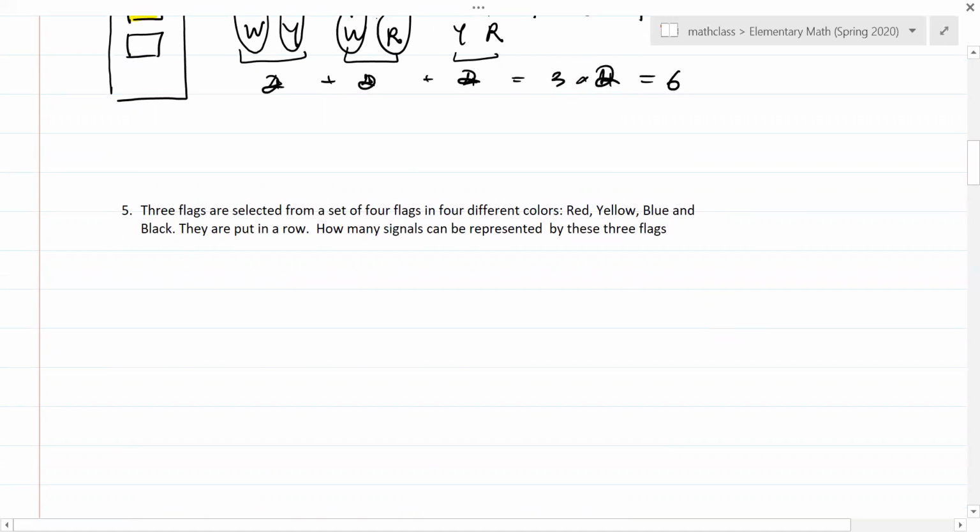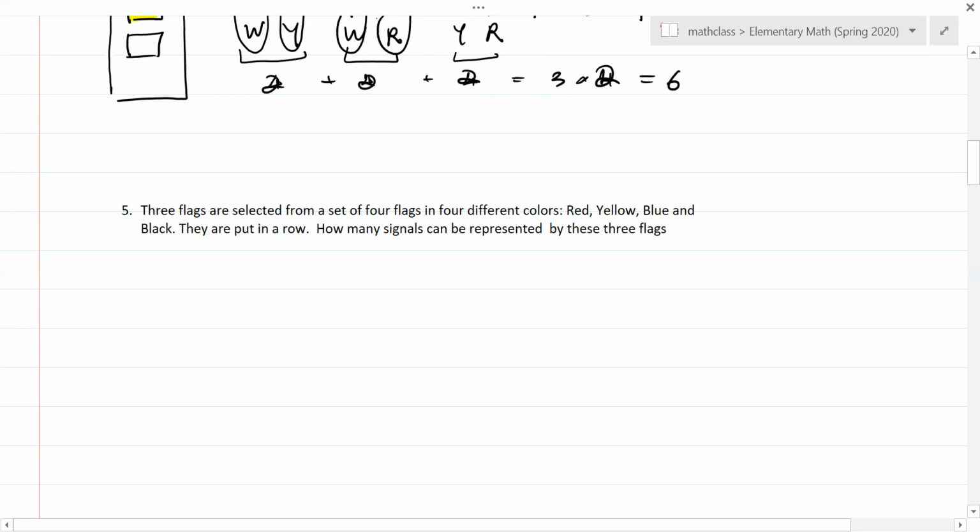How many different signals can be represented by those 3 flags? Okay. This is a little bit easy. If I only select 2 flags out of 4, it's more complicated. We have to find some formulas. But if I just eliminate 1 flag each time to get 3 flags, it'll be a little bit easier.